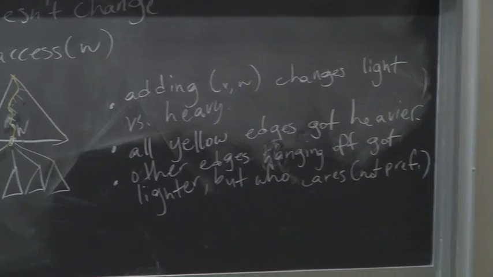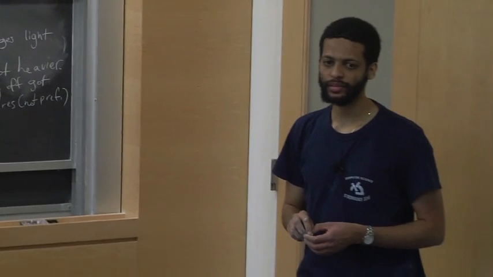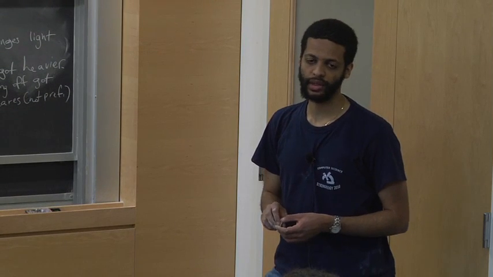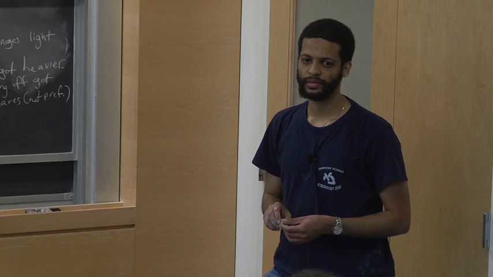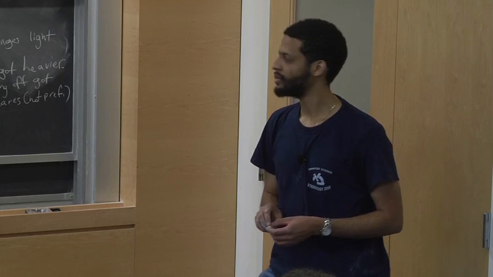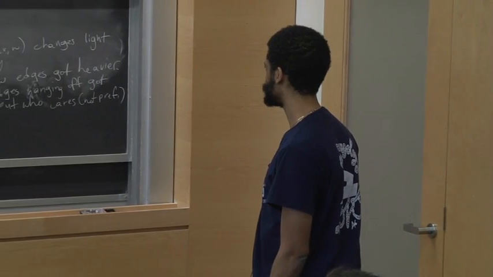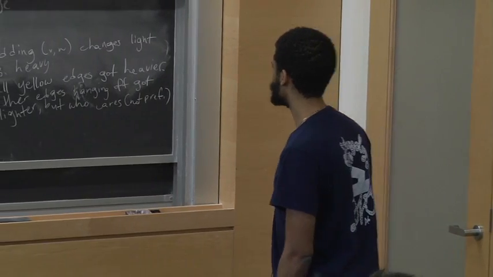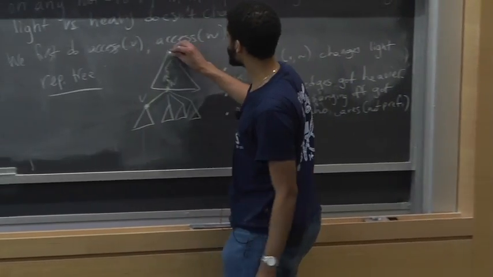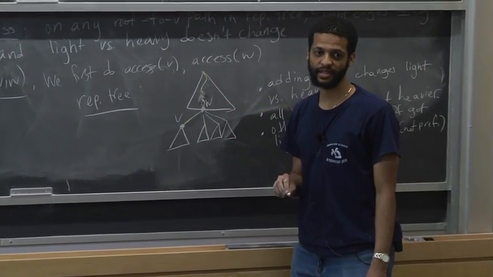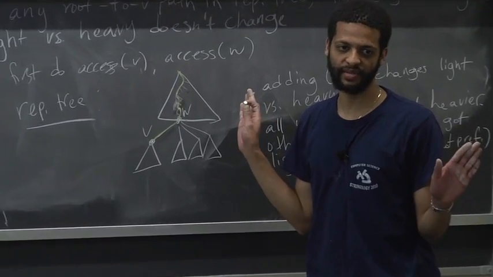Yeah. So you say all the preferred edges got heavier. Does that mean they're necessarily heavy? No, they might not be heavy. So couldn't we have a light edge creation? So this was already made preferred by the access. So the access paid for that.